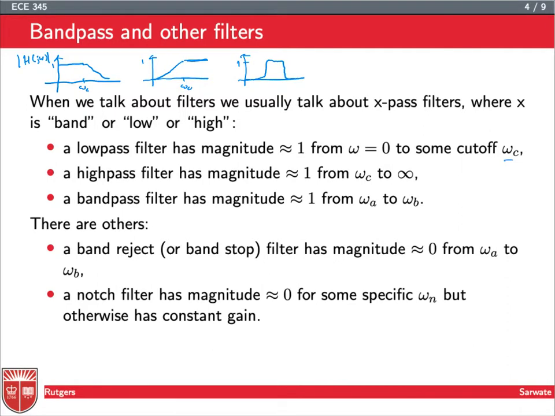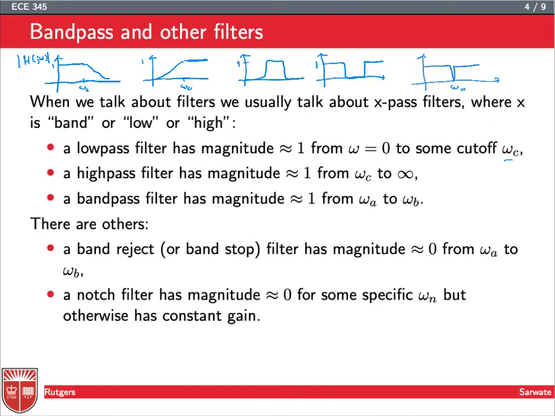So this is 1, right? And then we have two other types of filters we can talk about. One is band reject filters, which is basically the opposite of a bandpass filter. And then we also have what's called a notch filter, which is basically flat, gain 1, except at a tiny frequency where we get a sharp decline, and say this is omega n. This is the notch filter.